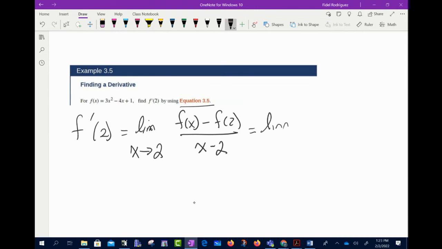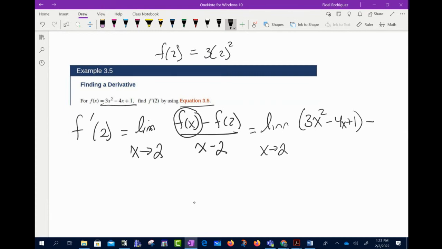This is still equal to the limit as x approaches 2. Now remember, y'all, my f of x is that expression right there. I'm just going to write it in parentheses right now, 3x squared minus 4x plus 1 minus f of 2. So we need to evaluate the function at x is equal to 2.